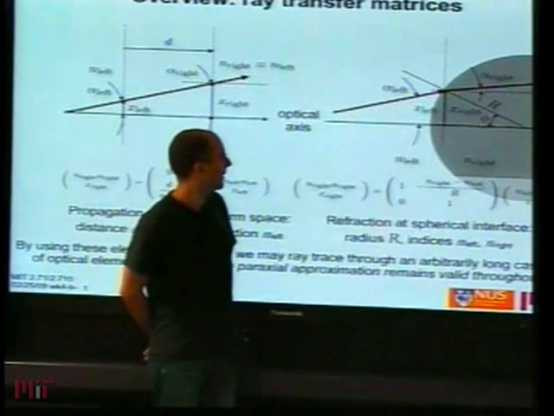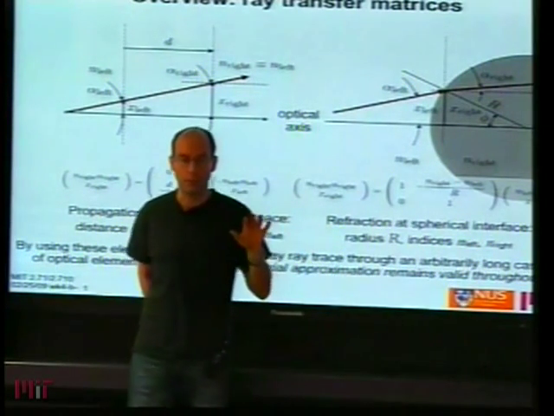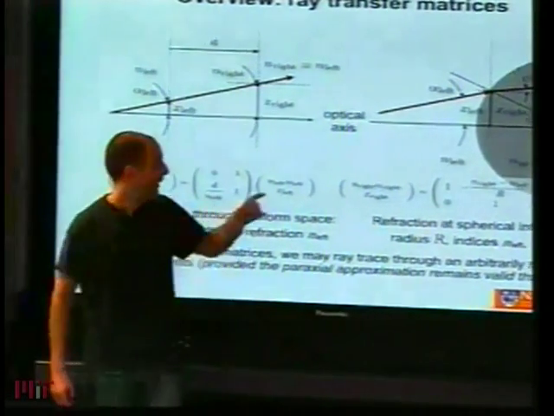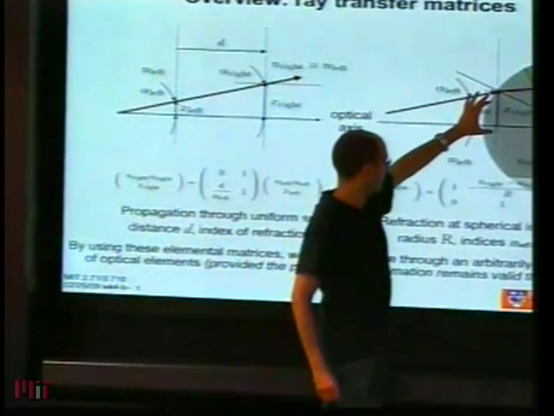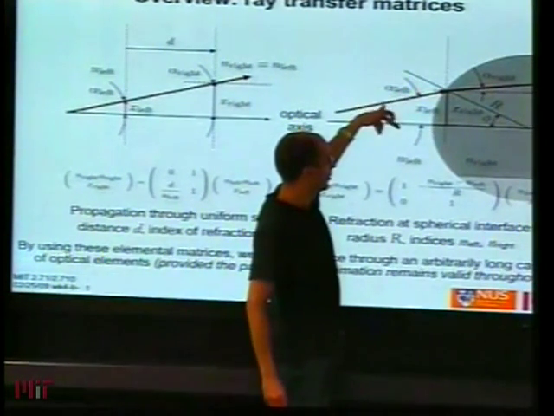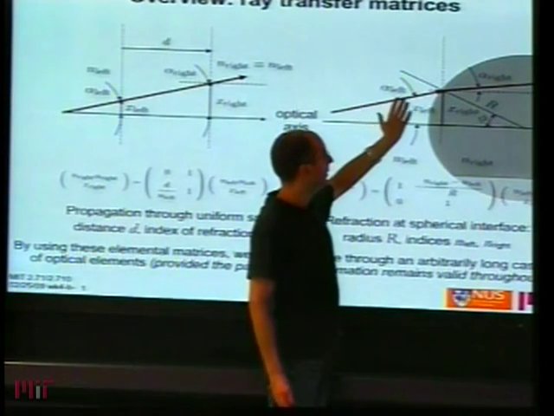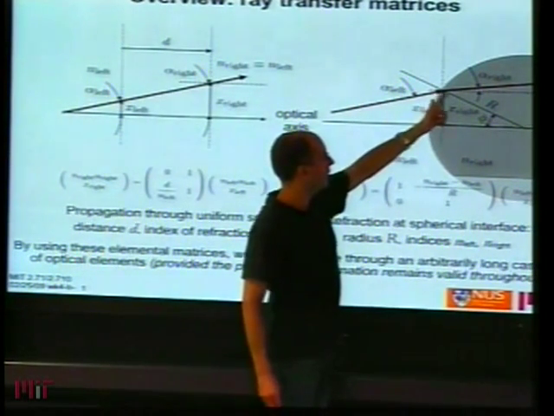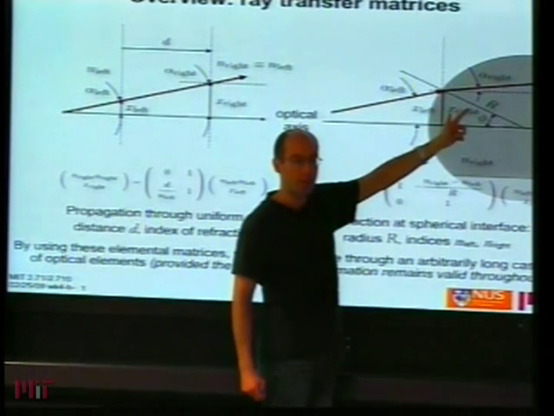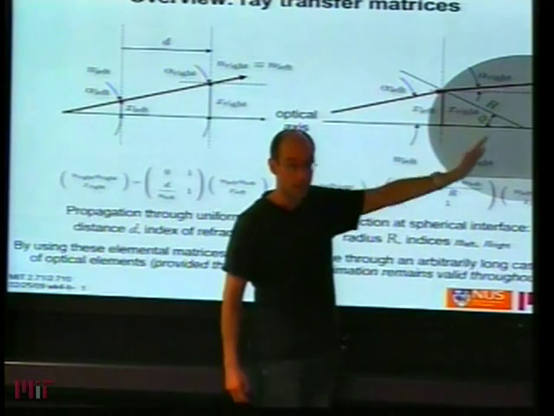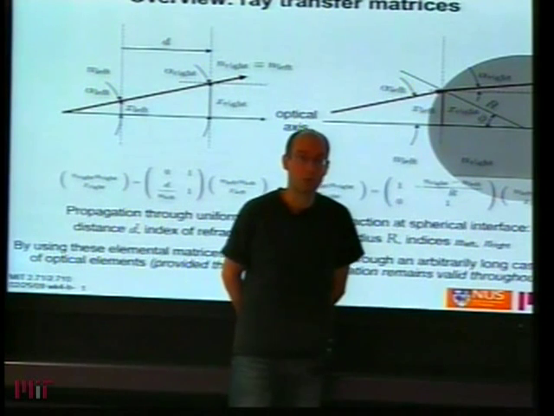We discovered that there is a linear relationship between the elevation and angle of a ray that is arriving from the left to the interface and the elevation and angle of propagation of the same ray that is departing to the right of the interface.